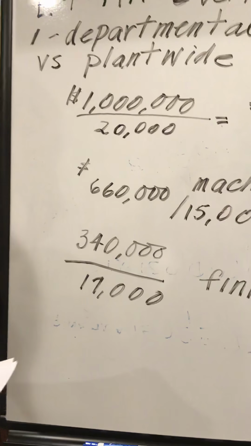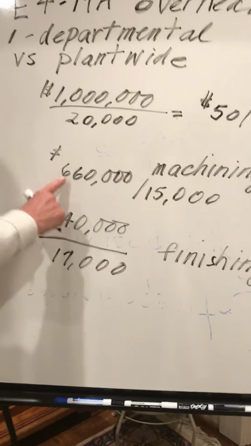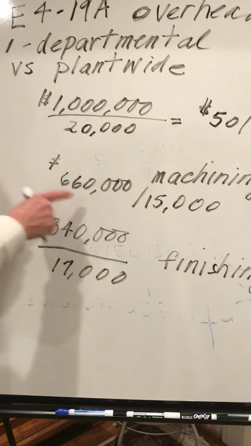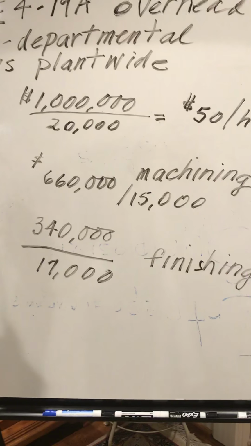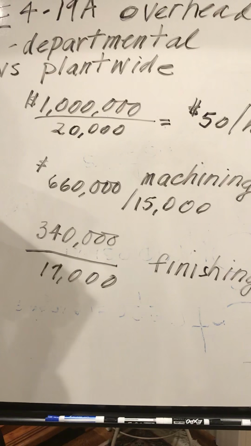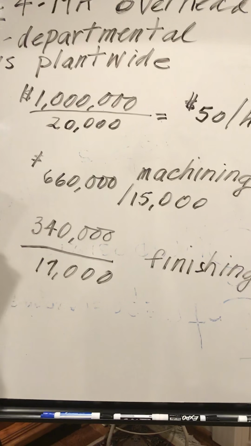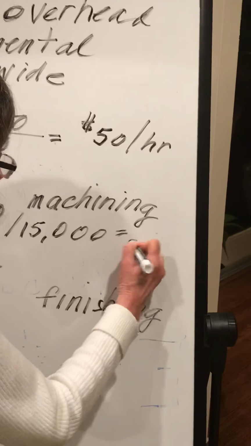Okay, so if we use a departmental rate, we would then divide the $660,000 of overhead by 15,000 machine hours, and that will give us, what will it give us? $44 an hour, a machine hour.